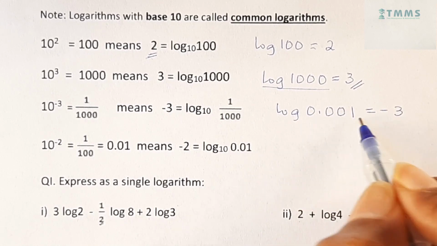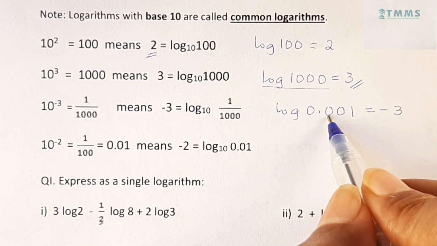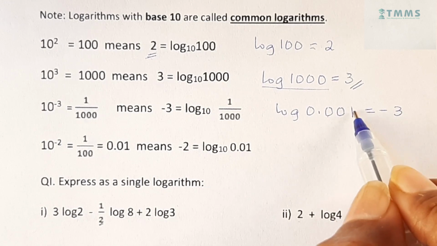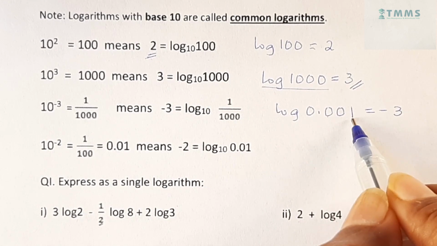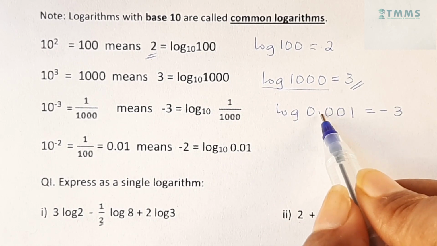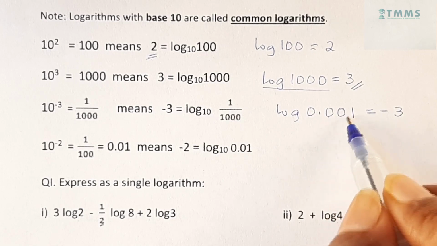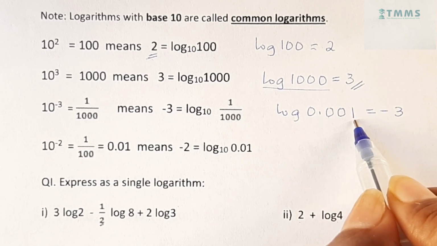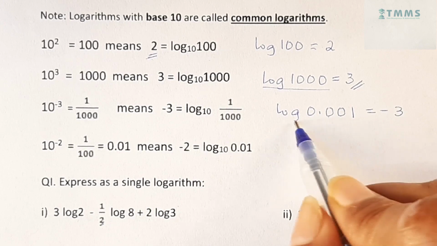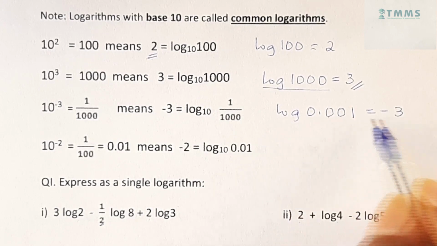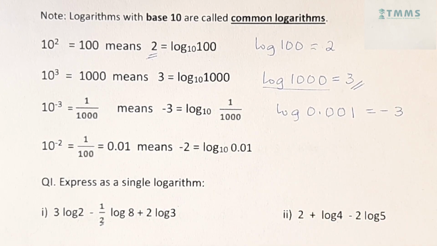So when you have a pure decimal like this with 3 decimal places, and we have a 1 over here, and between the decimal and 1 there are 2 zeros, that gives us 3 decimal places. And so whenever we have a log of this type of number, it will be minus 3.